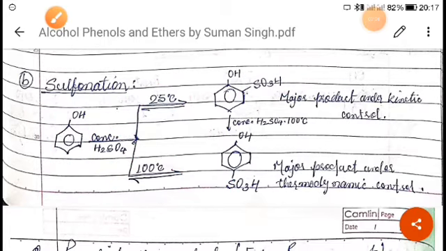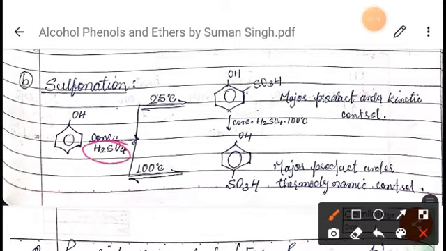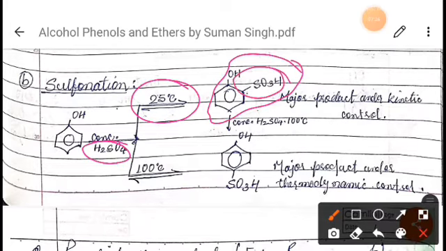So always remember that when they ask you to find the product, at that time always check what temperature is given. When H2SO4 is used and the temperature is 25 or less, at low temperature the major product will be at the ortho position, okay, and the major product will be under kinetic control.